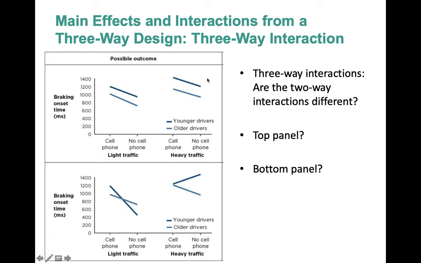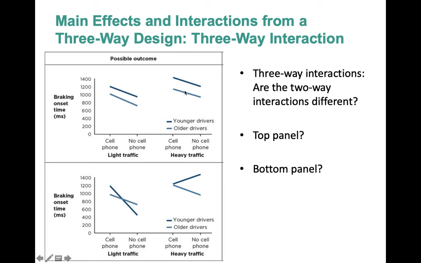Okay? So let's first, in the light traffic condition, try to understand, does there appear to be an interaction? Well, not really. If we look to say, is there a difference in differences, we would say that younger drivers, in this case, are slower to brake, which is kind of weird. That's opposite of our examples, but let's not worry about it too much, okay? So younger drivers are slower to brake than older drivers, and that difference appears to be consistent, whether they're talking on a cell phone versus not.